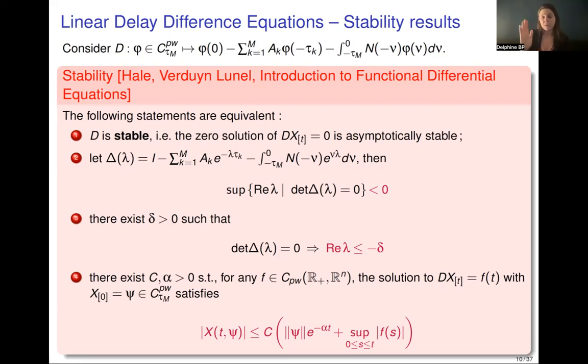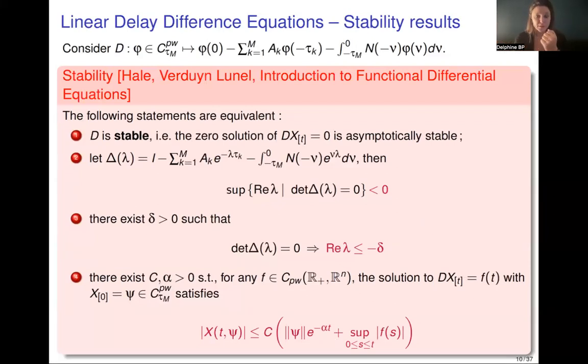Or again, that you can find a line located at minus delta, such that the real part of all the lambda of the spectrum is on the left of minus delta. Or again, that you can find positive constants C and alpha, such that the norm of x at time t is upper bounded by this sum between psi times exponential of minus alpha t and the supremum of f.